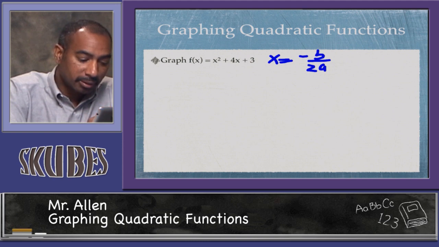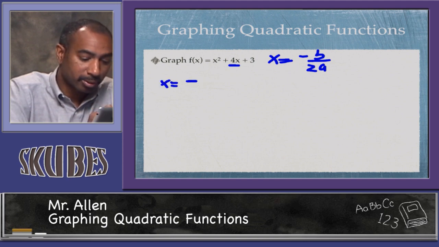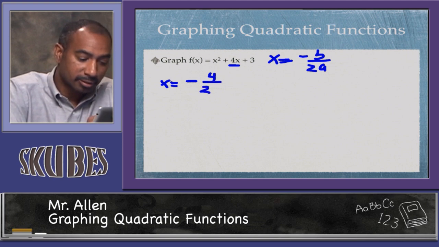So we know b is the coefficient of the linear term, so b has to be 4. So I'm going to put x equals negative, that's part of the formula, and I'll put 4 here, over 2 times a, and a is the coefficient of the quadratic term, which is 1 in this case.